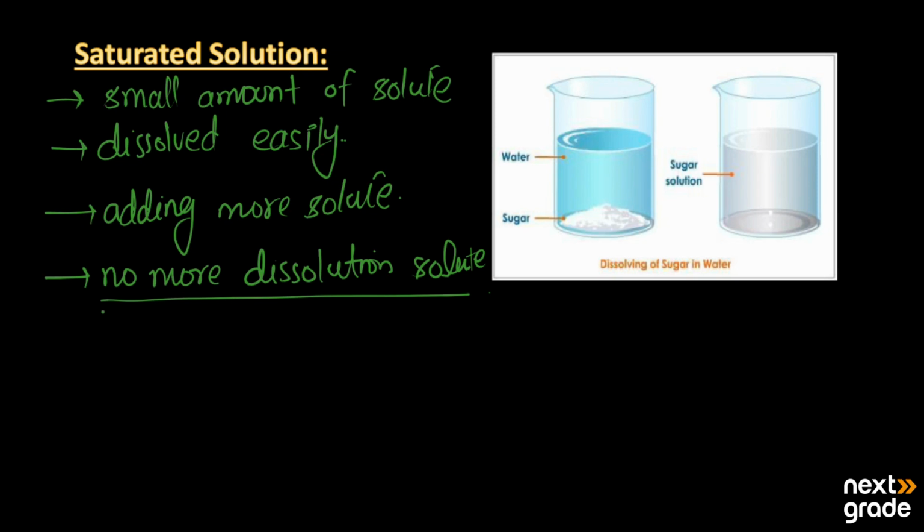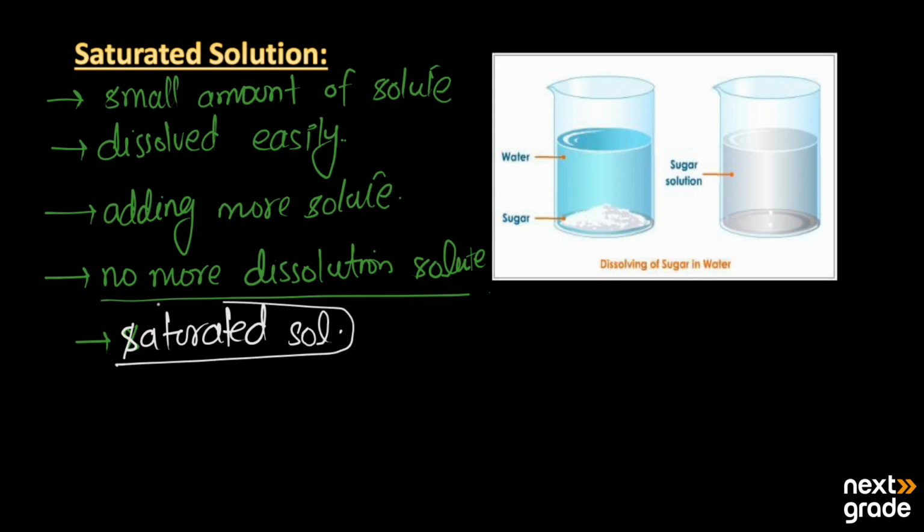At this point, we call that solution a saturated solution. The definition, I'm going to repeat it: a solution that contains the maximum amount of solute at a given temperature. That solution we can call the saturated solution.